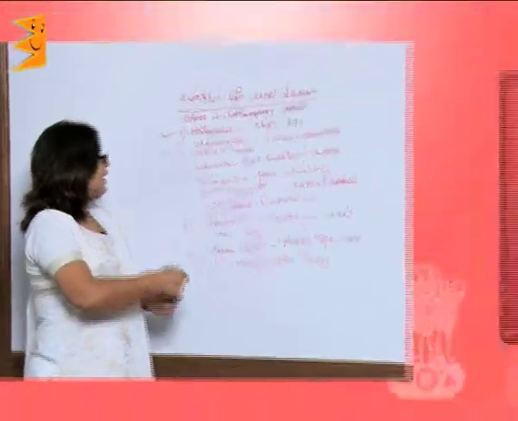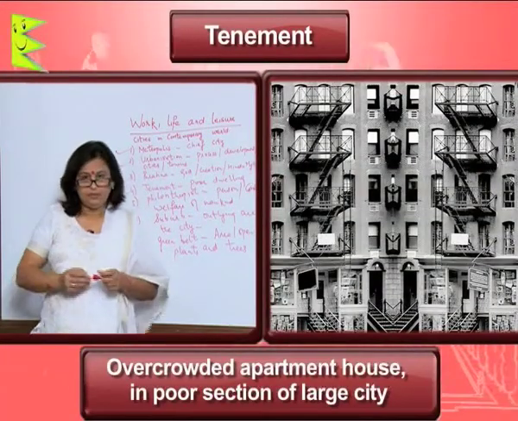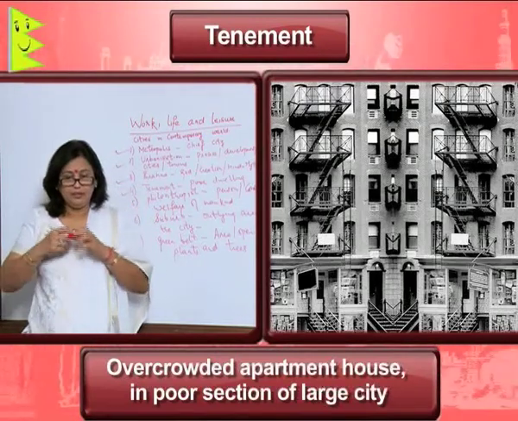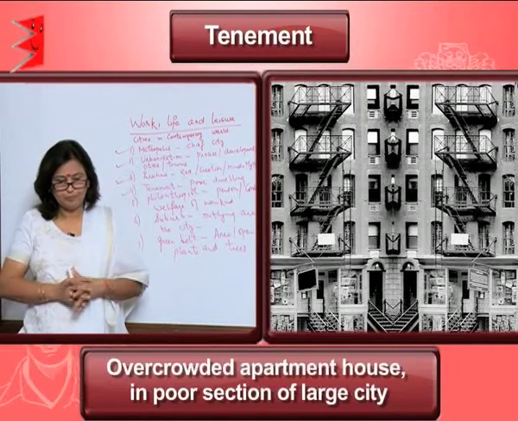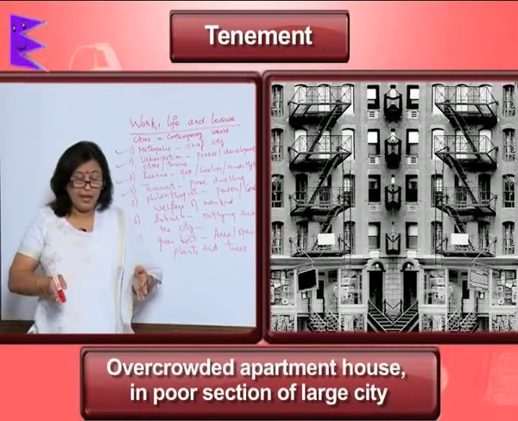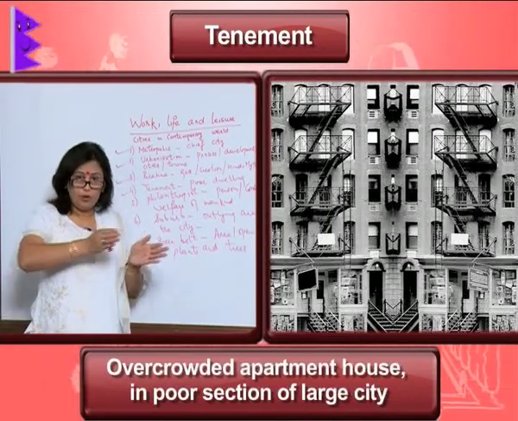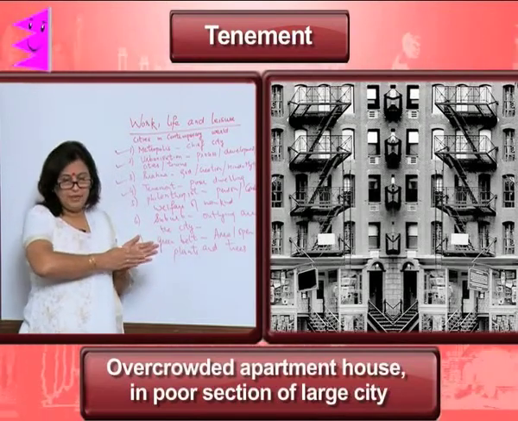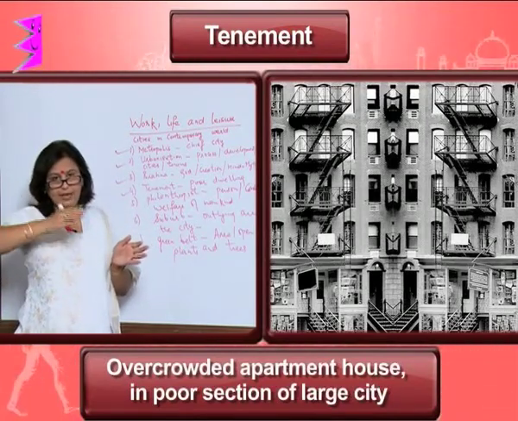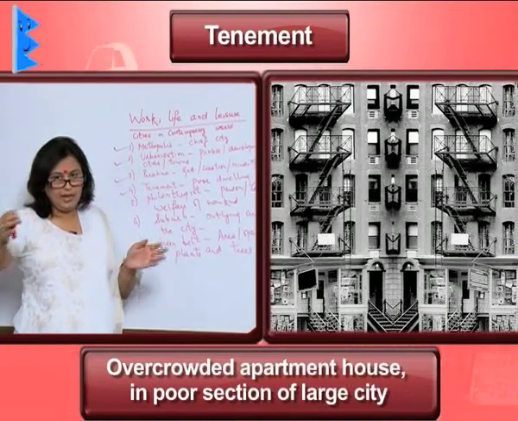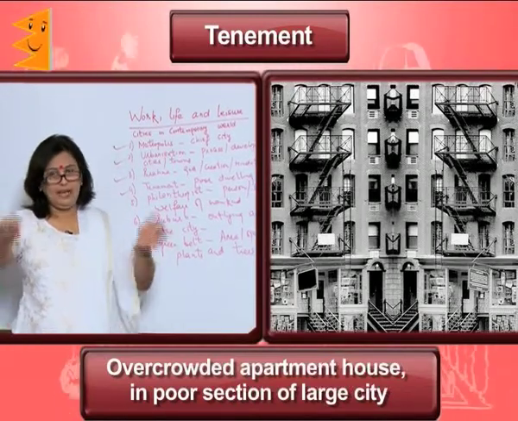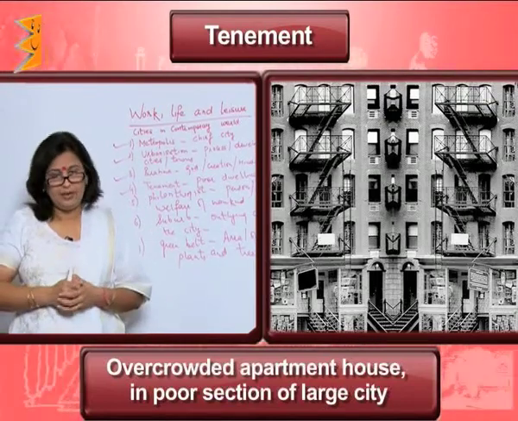Next is tenement. Tenements are the dwellings of the poor people in the city. They are generally a room close to each other and many people are staying in the same building. The rooms are close to each other and many families stay in the same building in a tenement.